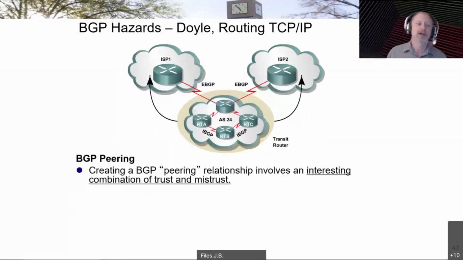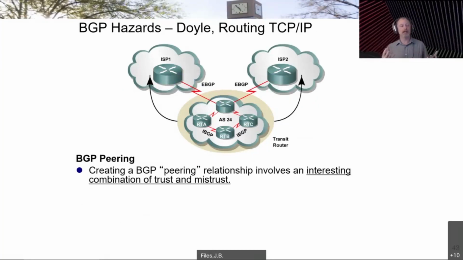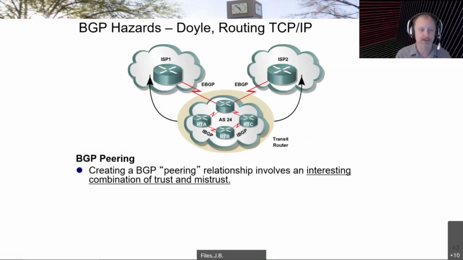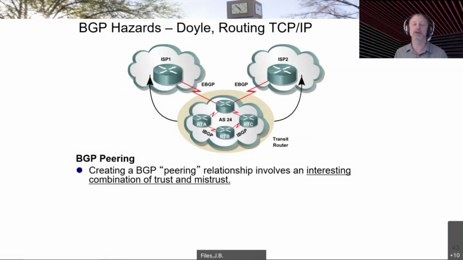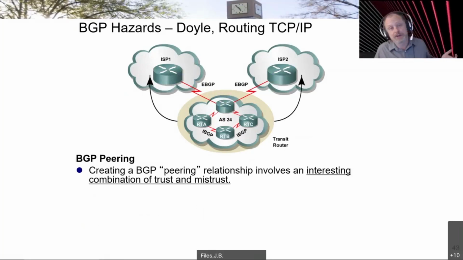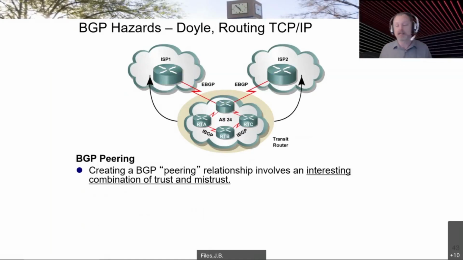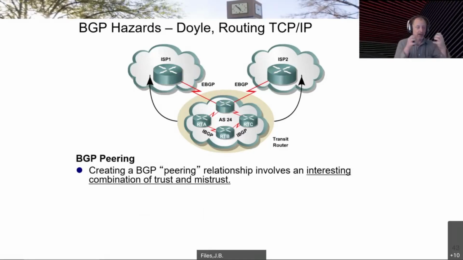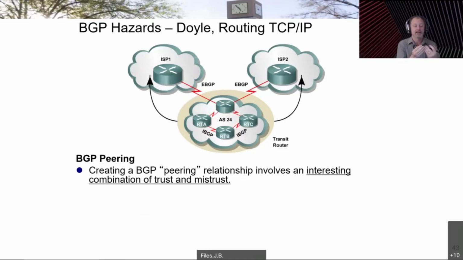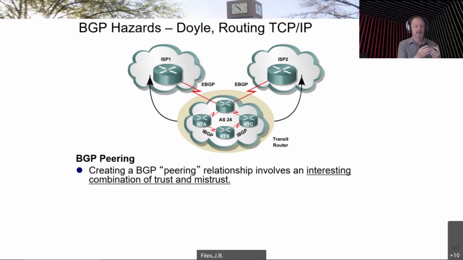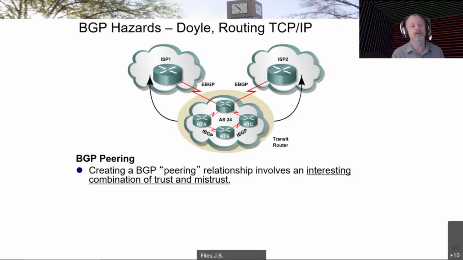All right. When it comes to working with other routers, we are going to peer with them. We're going to create a peering relationship, similar to EIGRP or OSPF. Except the difference is, when we're talking OSPF or EIGRP and making two routers peer together or create an adjacency in those protocols, we are in control of both of the routers.